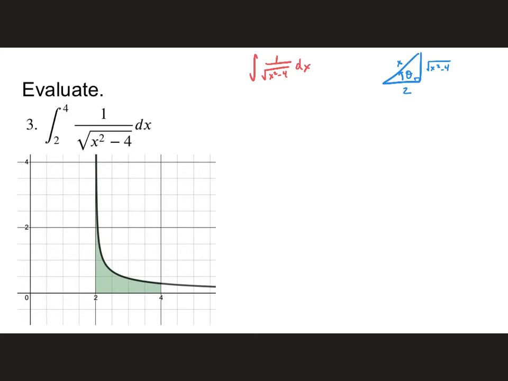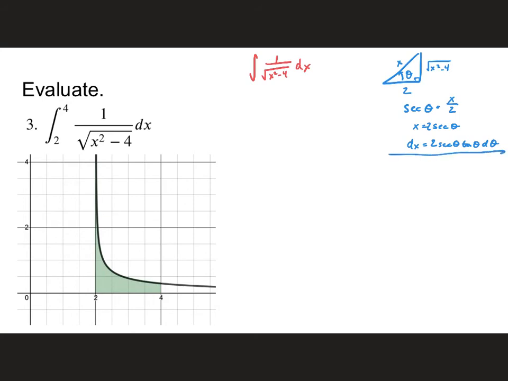And again, remember, I want to try to stick to sines and cosines or secants and tangents. And in this particular case, because of the format and the setup, I know I'm going to end up using the secant. And secant is equal to, of course, the hypotenuse over the adjacent side, so x over 2, which means x is equal to 2 secant of theta, which means dx is equal to 2 secant theta tangent theta d theta.